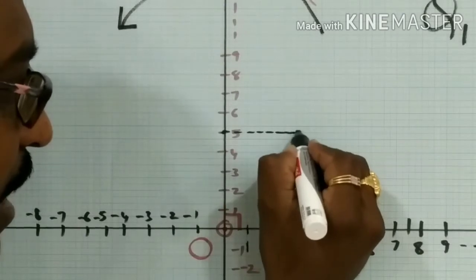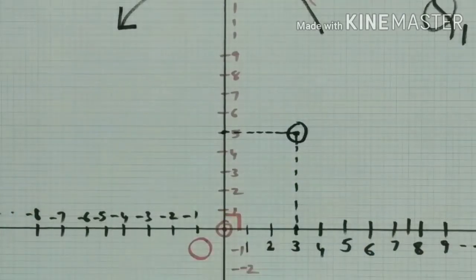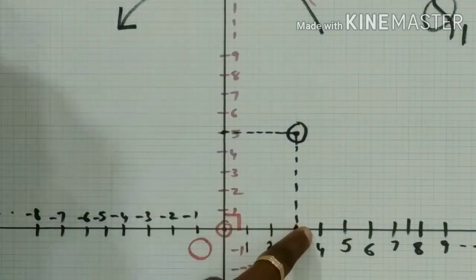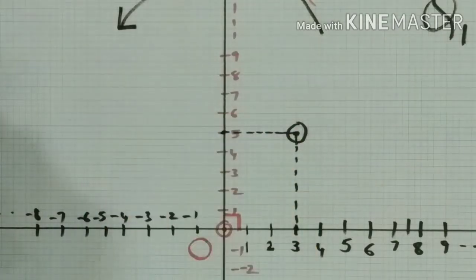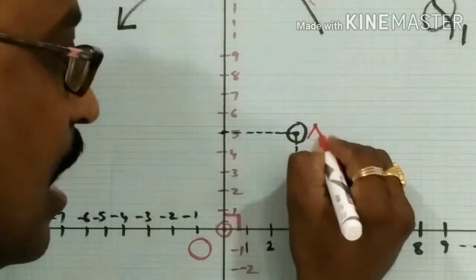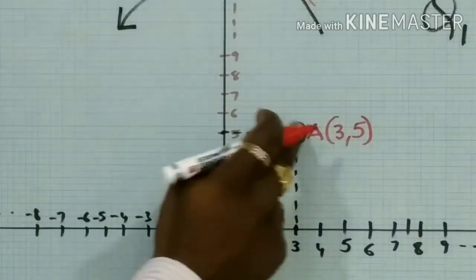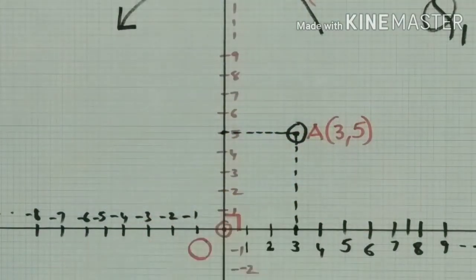They intersect here. So the x coordinate, abscissa, is 3. The y coordinate, ordinate, is 5. They intersect at a point A. So this is the location of A on a Cartesian plane, that is nothing but (3, 5).